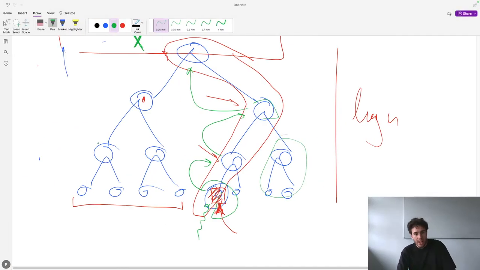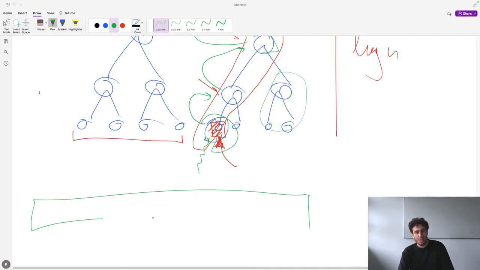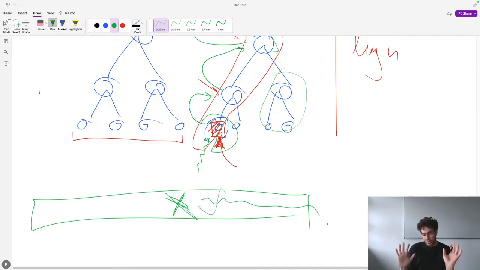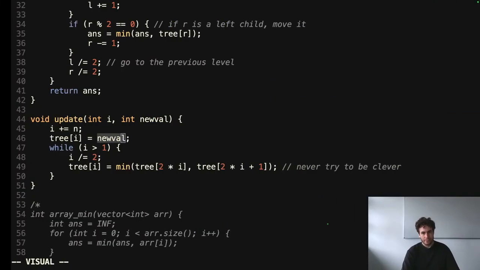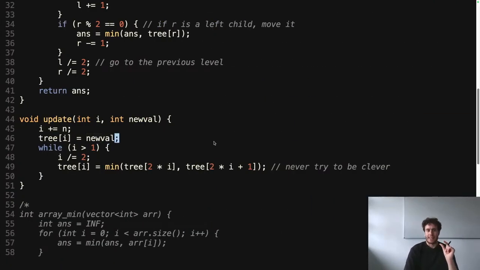I just remove the element from some specific position in my array, but the indices here stay the same. They're not shifted. That would be a different kind of data structure, like binary search trees. In my case, the indices of my array are fixed. You cannot just remove an index from an array, right?